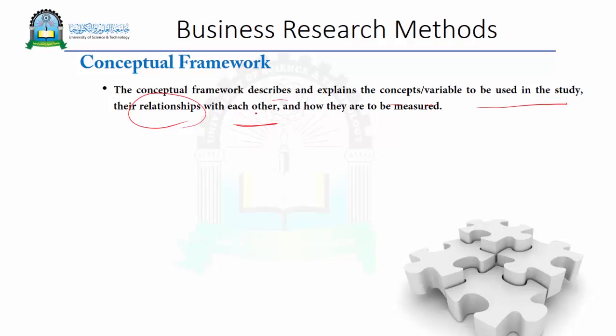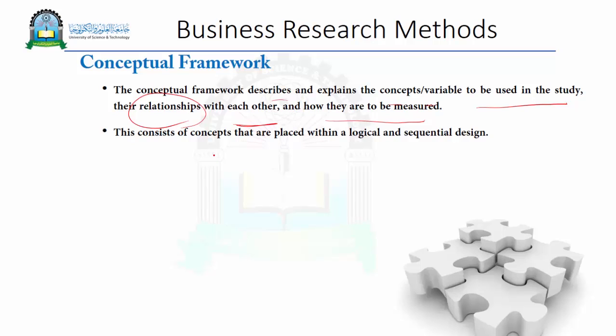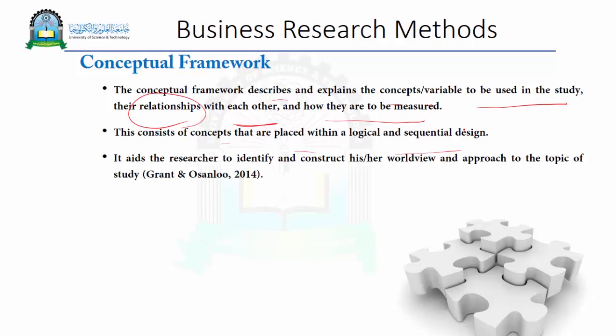So it is what we call the conceptual framework that can describe and explain these concepts and variables and these types of relationship and how they are to be measured. In other words, we call it the model, the research model. This consists of concepts that are placed within a logical and sequential design.